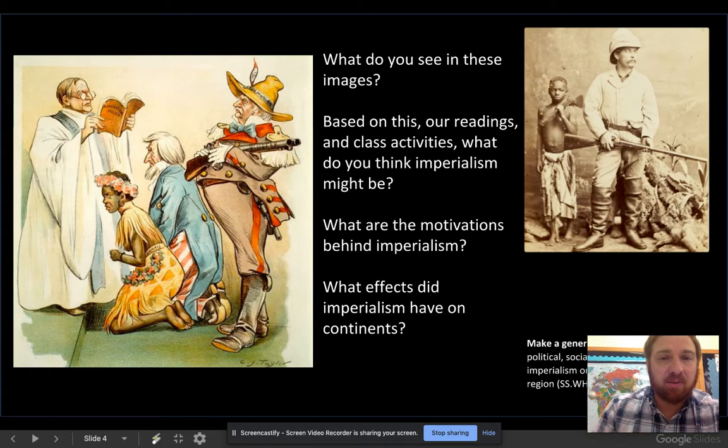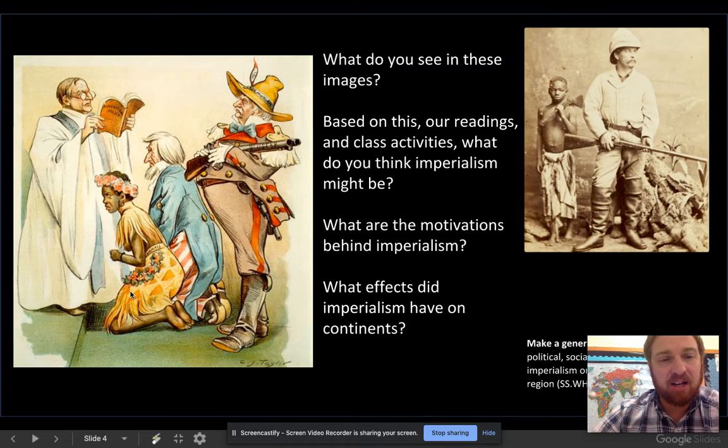So then the next thing we went into is we did a political cartoon analysis, since we still haven't fully identified or described what imperialism is. So if we look at this cartoon, what we did is we practiced on what things in the cartoon you recognize. So we recognized that there was a priest reading a booklet, and we looked at who else was represented. Obviously, we have Uncle Sam representing America.